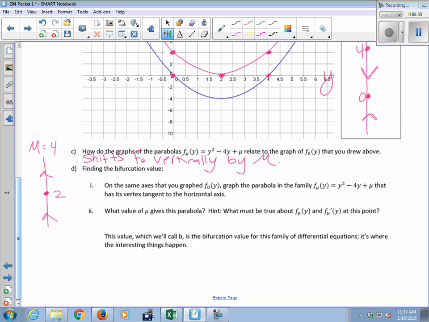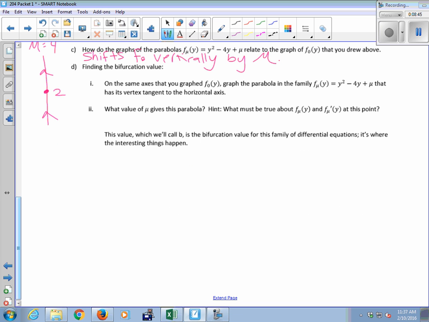That's for mu equals 4. If mu equals 5, there are going to be no equilibrium points because it never touches the x-axis. So for mu equals 5 the phase line is just an arrow, because there are no equilibrium points, but everything's always positive.